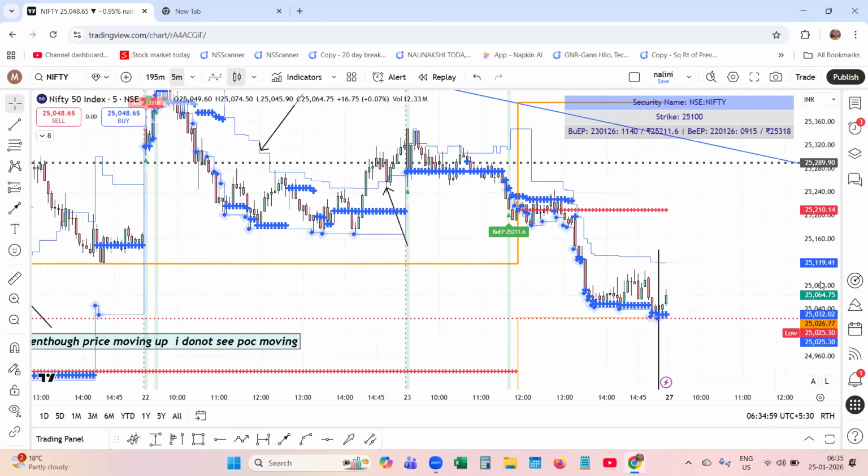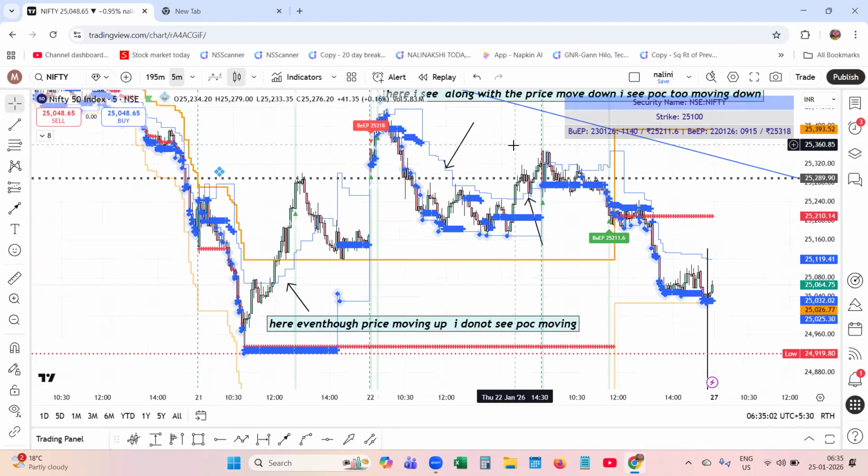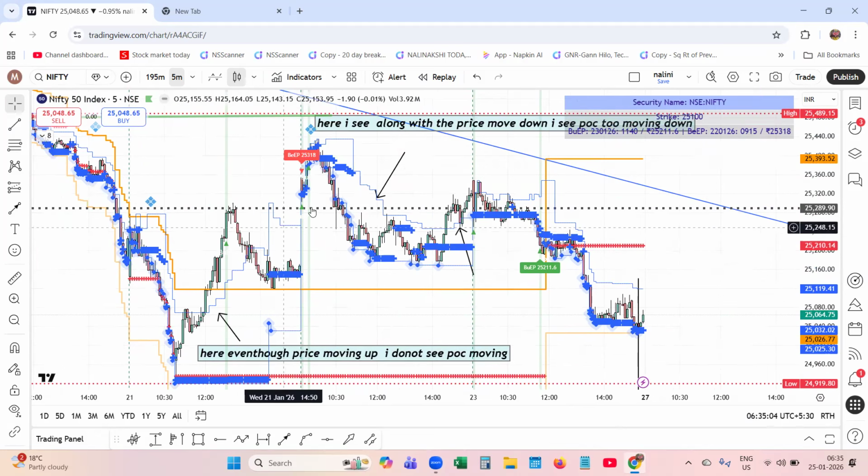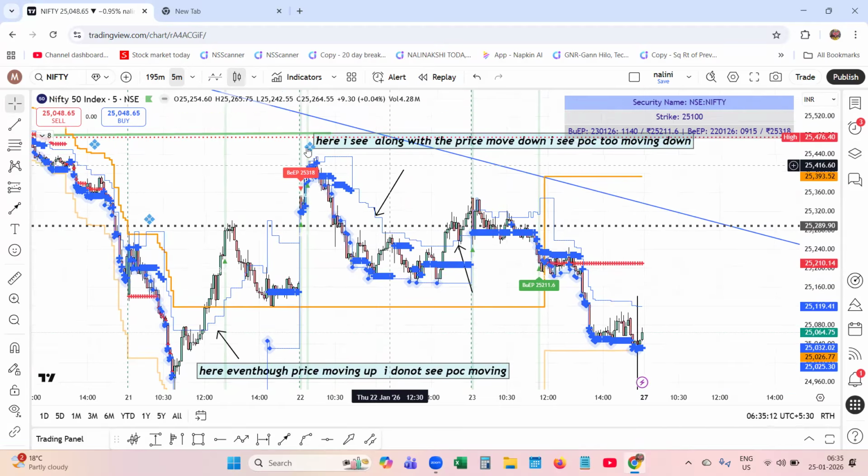For an option writer, it is a boon. This type of presentation is a boon. If you understand this, it is a short covering rally to sell and rise. He could have comfortably sold. Whoever sold the calls, the call writers who have sold around 25,500, comfortably, premium decay might have happened over here.